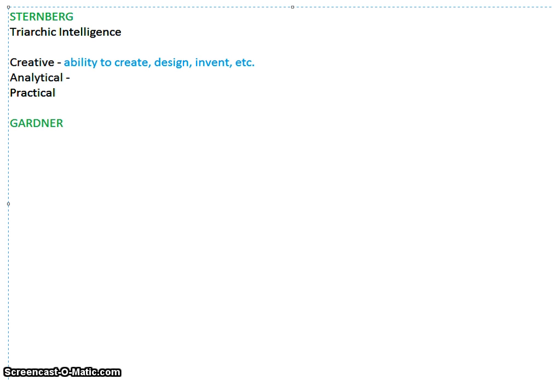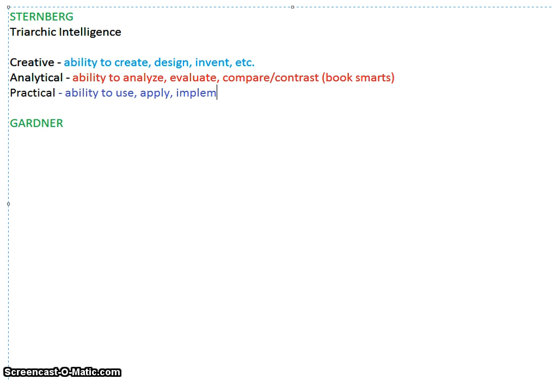This could also be called book smarts. And then finally, you have practical intelligence. Practical intelligence is your ability to use, apply, implement. You could see this as street smarts.